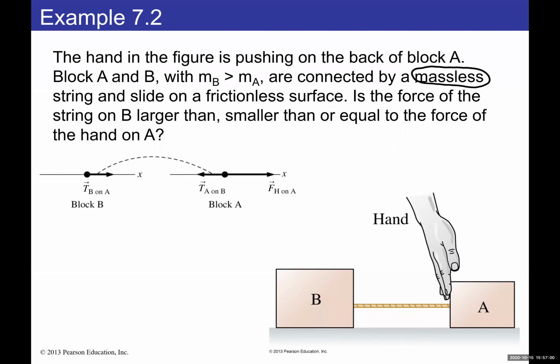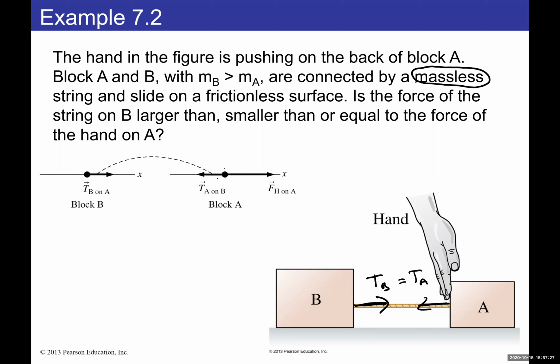Because if it's a massless string, the tension from the string acting on block B and the tension from the string acting on block A are equal to one another. Because it's one rope, the tension is the same everywhere on that rope, which makes it important information.